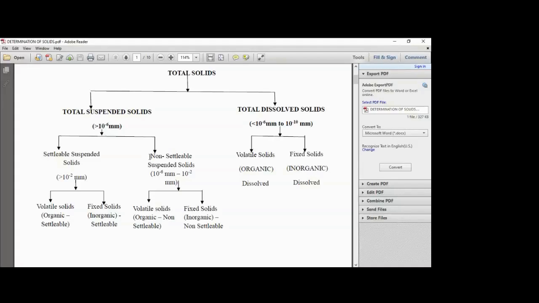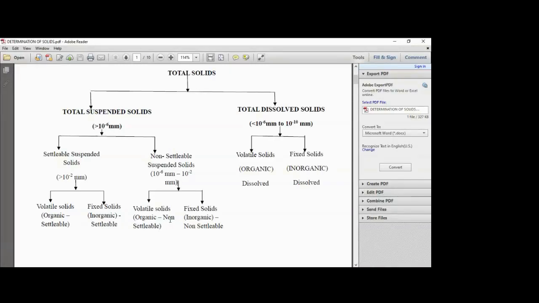Now where will the non-settlable solids get removed? If you remember, in the WTP, that is the water treatment plant, the non-settlable solids were getting removed in the clariflocculator. We were adding some coagulant, and with the help of the coagulant, all the solids in suspension were getting removed.